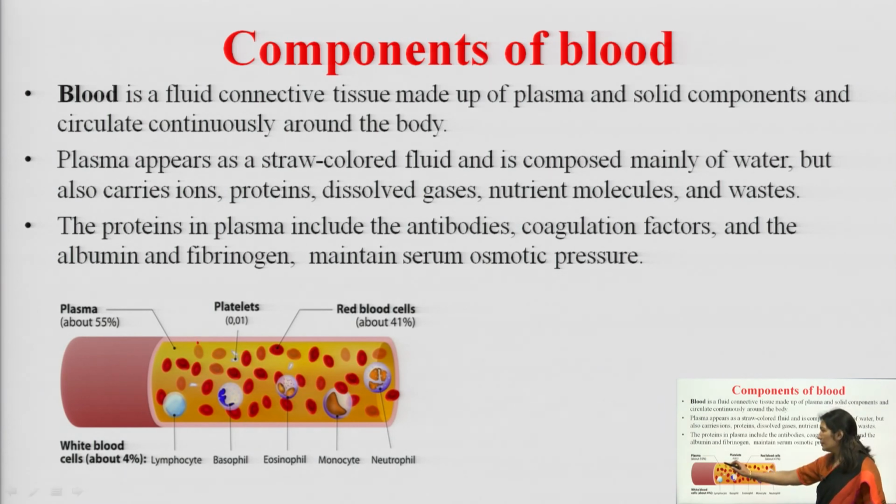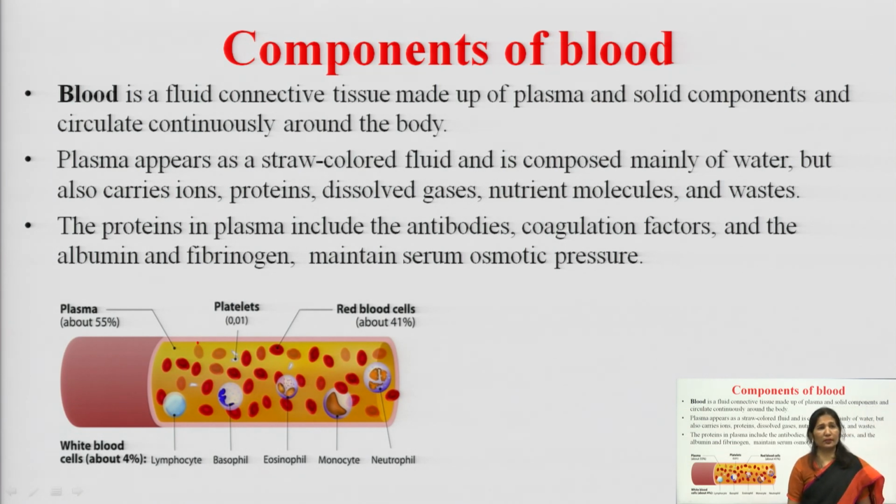So, 55% of blood is plasma, that is a straw colored fluid composed mainly of water, but also carries ions, proteins, dissolved gases, nutrient molecules and waste.